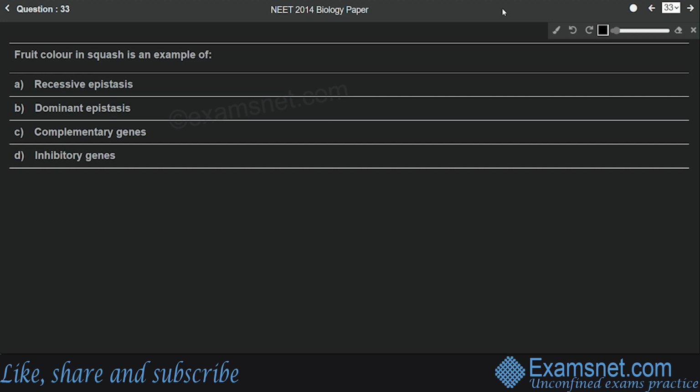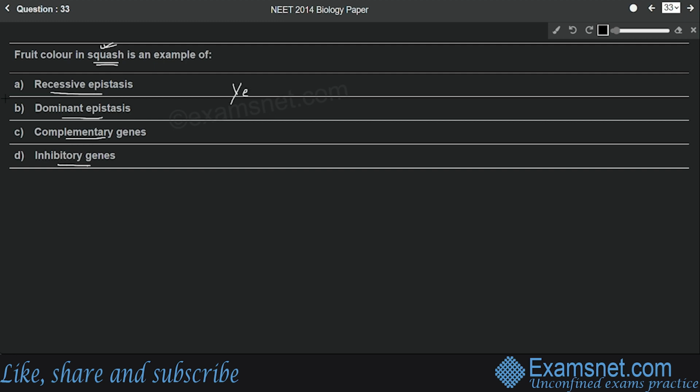Question number 33 is from the chapter Principles of Inheritance and Variation, and the question is fruit color in squash is an example of. Options are recessive epistasis, dominant epistasis, complementary genes, and inhibitory genes. Okay, so what happens in a squash flower? There are three possible colors.